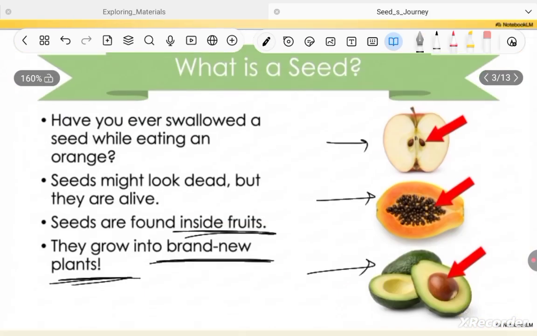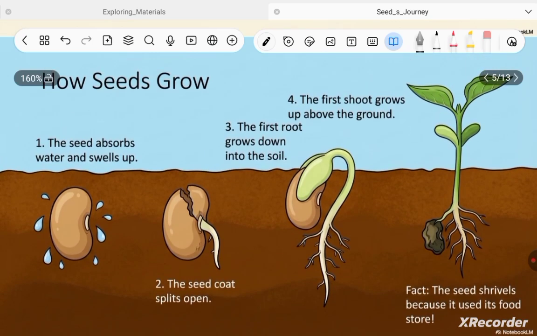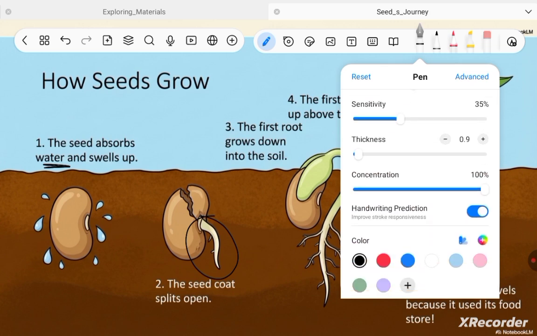Let's go back to this image. So how does a seed grow? When you plant a seed, what does it take? A seed takes water and then begins to swell. And then when it swells, it produces this tiny embryo. Let me change the color so you can see it.